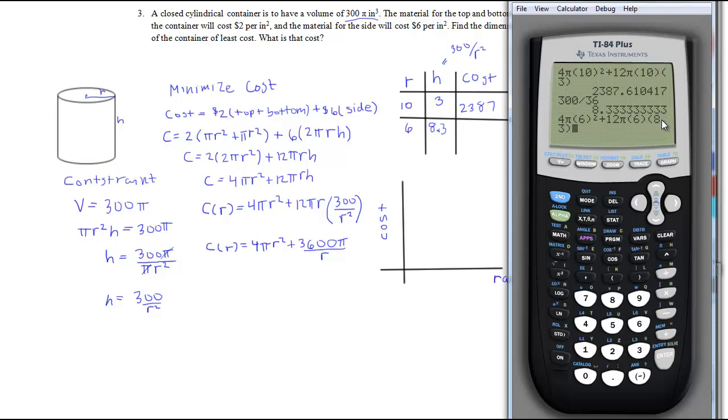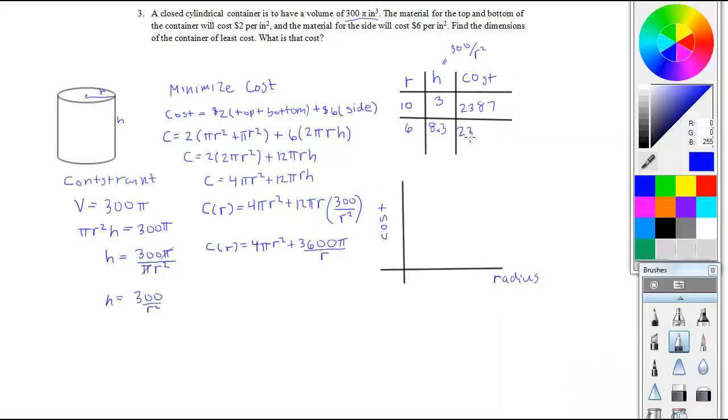Now technically I should use 8.3 repeating, but this is just an estimate to get the size of the window, so it doesn't have to be exact. So, again, about 2300. Alright, so 2329.